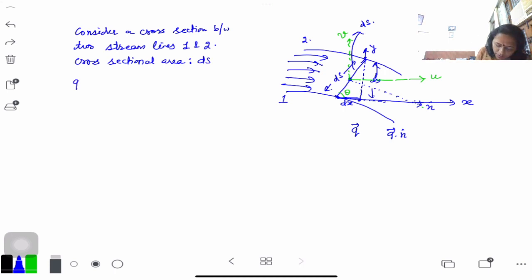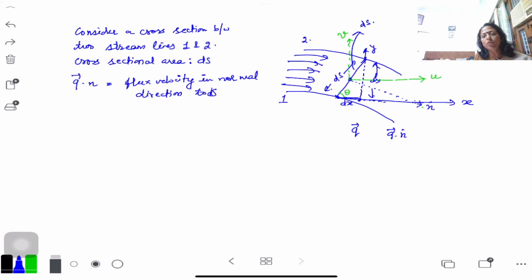Now what is Qn? It is flux velocity in the normal direction to ds. Why? Because n is along the normal to ds, right? So I want to find what is q dot n.